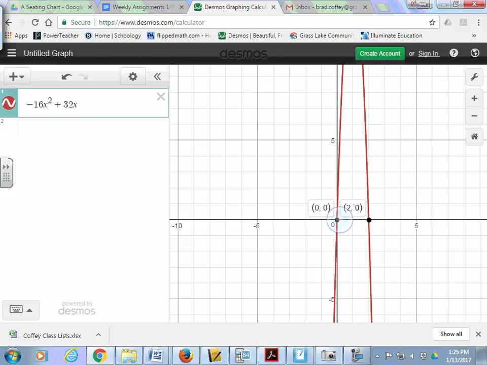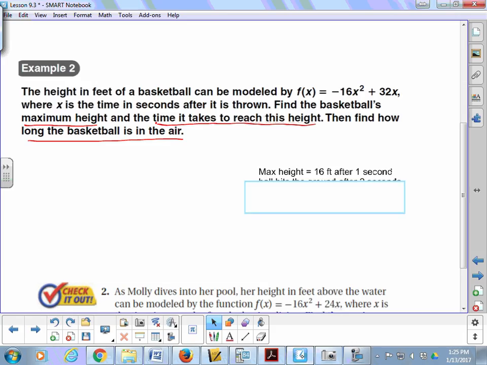Started at 0 seconds on the ground, landed back on the ground in 2 seconds. So it has a maximum height of 16 feet after 1 second, and the ball hits the ground after 2 seconds because the height, the y values, are 0 again. So x value is time, y value is height for these ones you're working on.